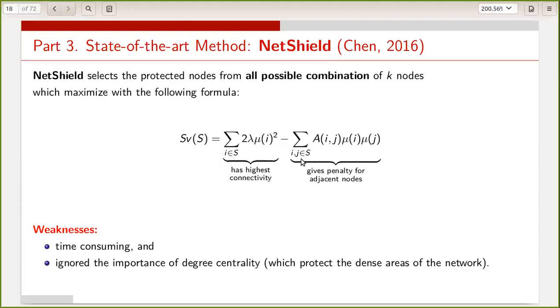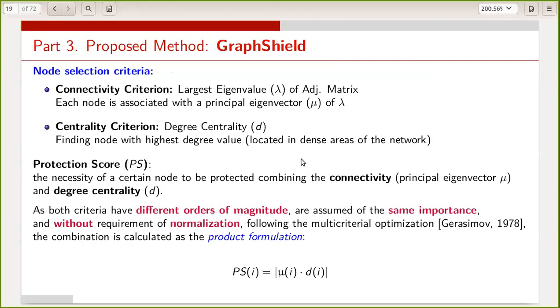So they only consider the connectivity itself, but the degree centrality is not considered here, which protects the dense area of the network. So what we propose is, we still use the connectivity criterion, the largest eigenvalue, and combine it with the degree centrality to find the node with the highest degree value located in the dense area.